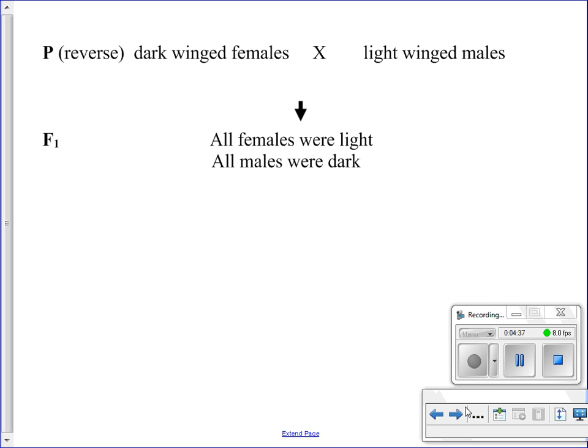So using the same symbols that we used before, we would say that the female has two lowercase l's, the male would have two capital L's. But if we take a look at the F1 generation, we see something here that we've never seen before. We see for the first time a difference between males and females.